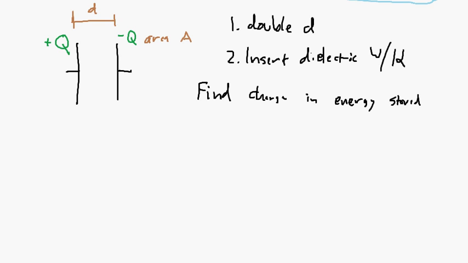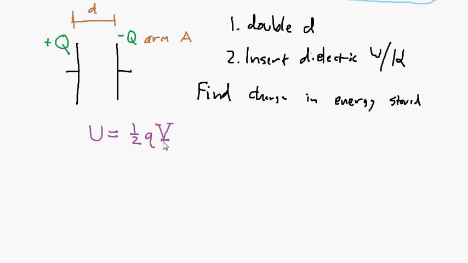Okay, so the energy stored in a capacitor, this is something we derived in class. Energy stored in a capacitor is 1/2 the charge on the capacitor times its voltage. That is the energy stored in a capacitor. Now, we don't have the voltage here. We can find it if we want, but here's the thing.